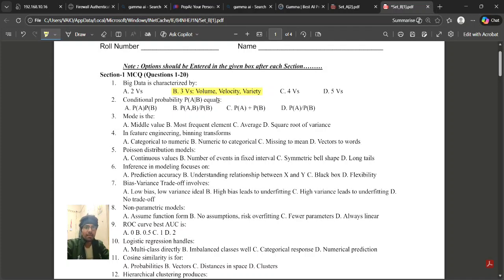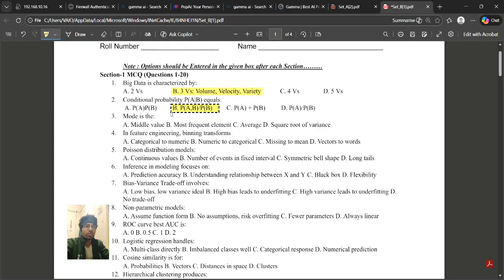The formula is P of A comma B, divided by P of B. That's the joint probability of A and B divided by the probability of B. Think of it as restricting our sample space to only cases where B happened and asking what portion of those also have A. So our answer is B, P of A comma B divided by probability of B.